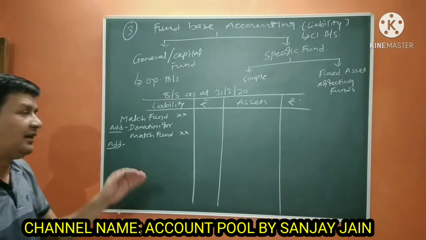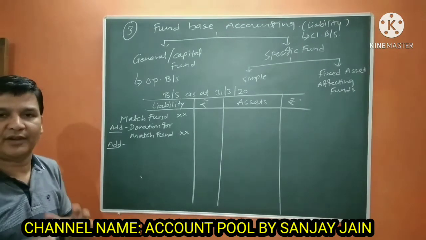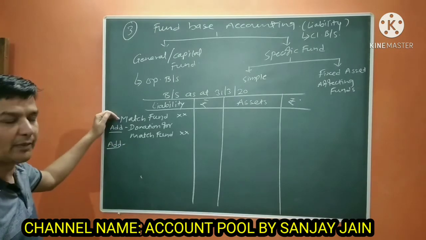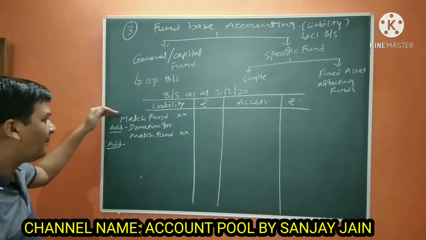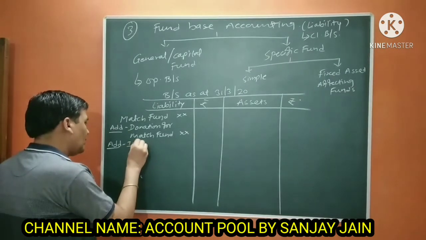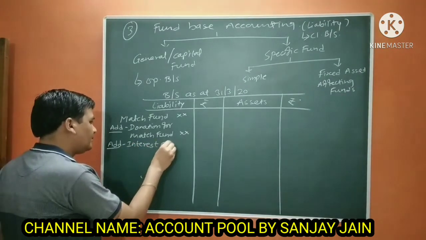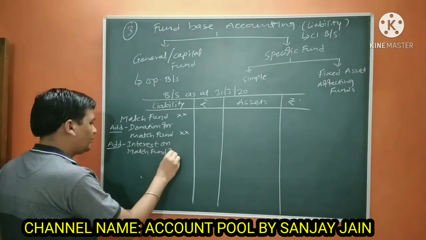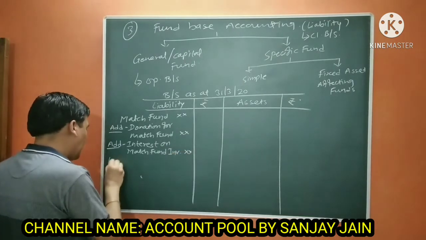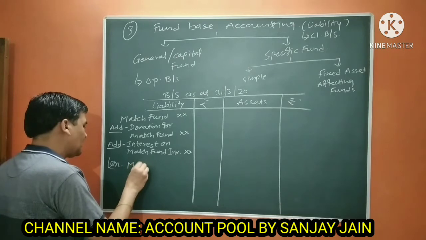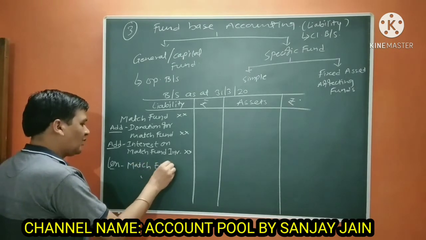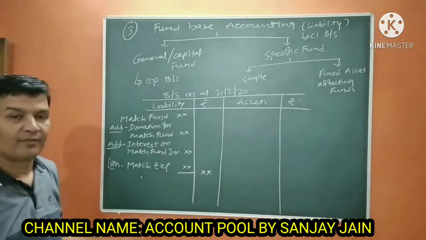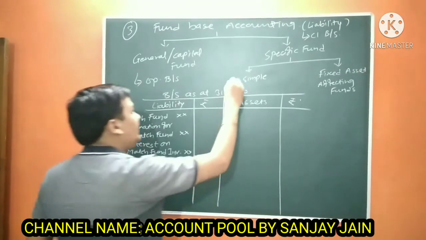If we are having any investment done from match fund, that is match fund investment, and we are getting some interest out of that. That is for a specific purpose, and that's why it will be added in the match fund itself. So interest on match fund investment, we are going to add here, and we are going to deduct match expenses from this, so that we will get the final amount of match fund. Okay, this adjustment we do in simple funds.